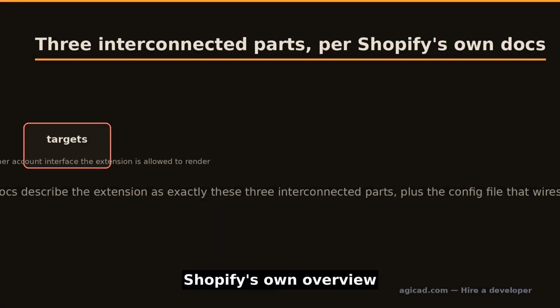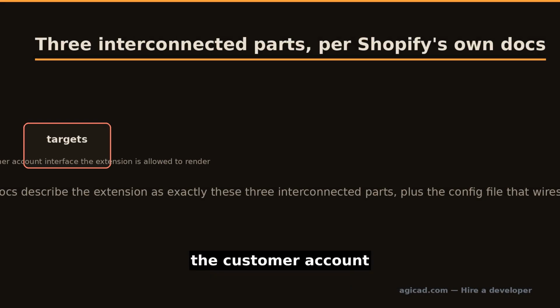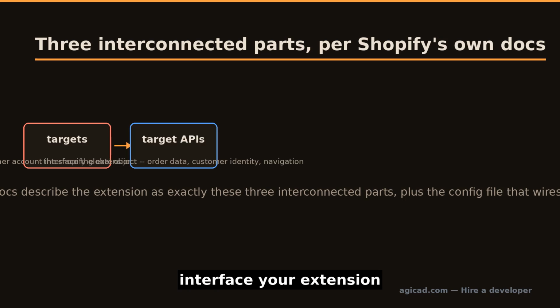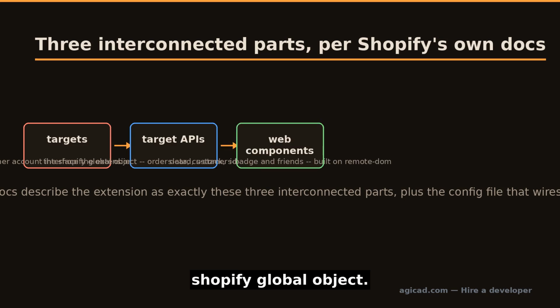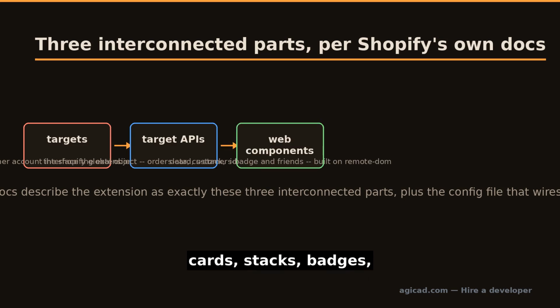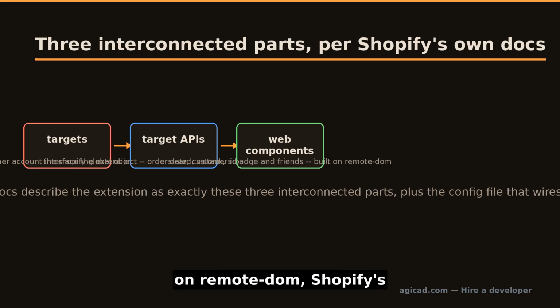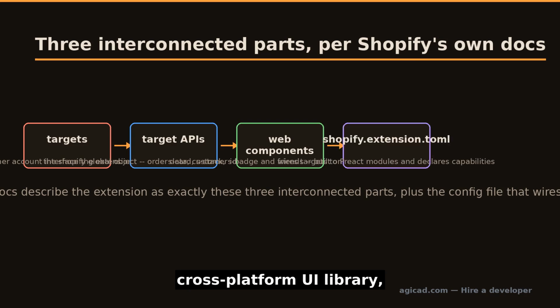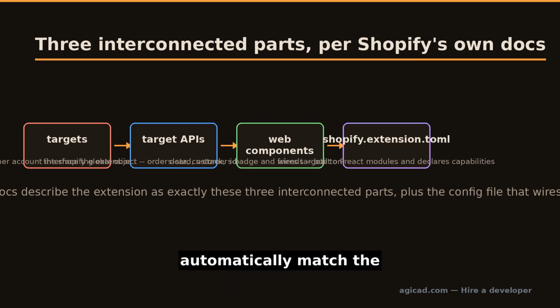Shopify's own overview page describes the extension as 3 interconnected parts. Targets decide where in the customer account interface your extension is even allowed to render. Target APIs are the data and functionality your code can reach once it's there, almost entirely through one Shopify global object. Web components are the actual visual building blocks: cards, stacks, badges, buttons built on Remote DOM, Shopify's cross-platform UI library, and styled to automatically match the account's own design system.